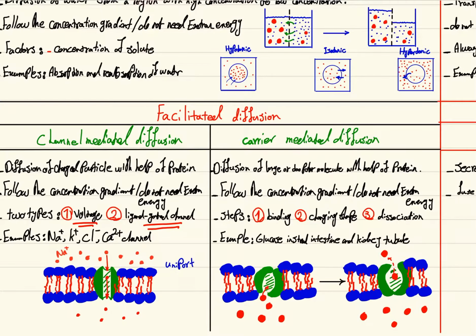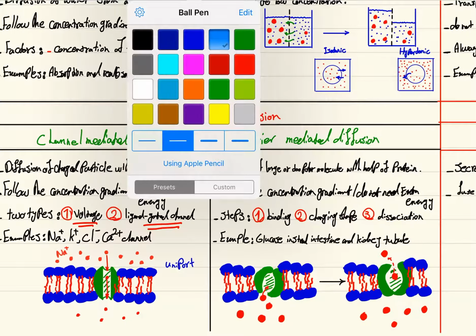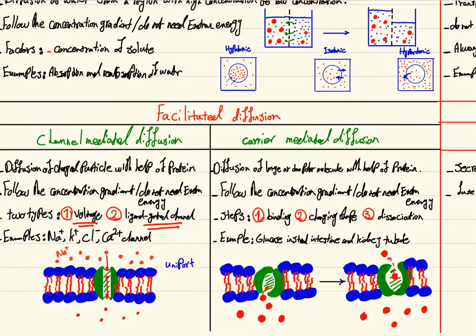These large or polar particles pass through the cell membrane with the help of the carrier protein that you can see here.